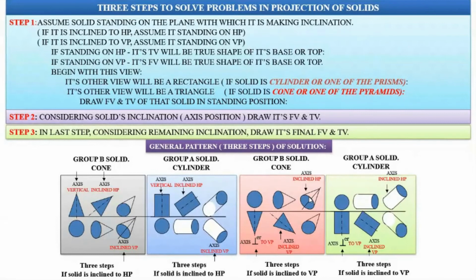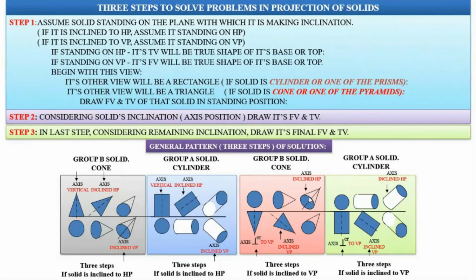But the difficulty is that the entire thing is dependent on the first step. If the first step is right, then half of your drawing is right. And if the first step is wrong, your entire drawing will be wrong. So that is the importance of step 1 in the projection of solids.